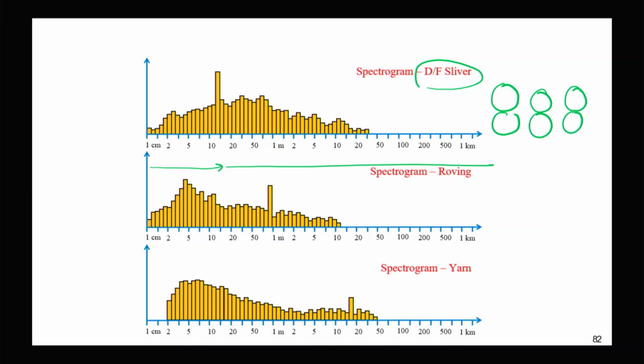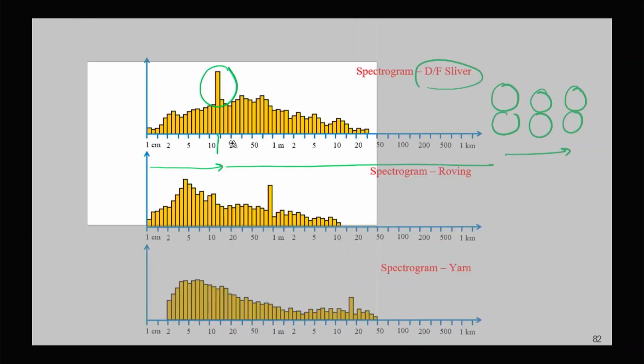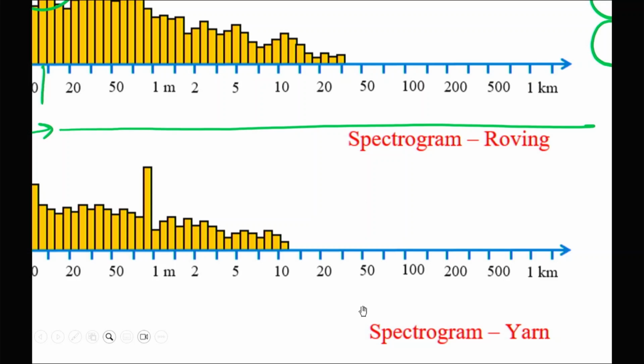And with a defective roller or defective pinion, due to some jerk, the periodicity has occurred. Here the periodicity has occurred at, say, 14 centimeter.